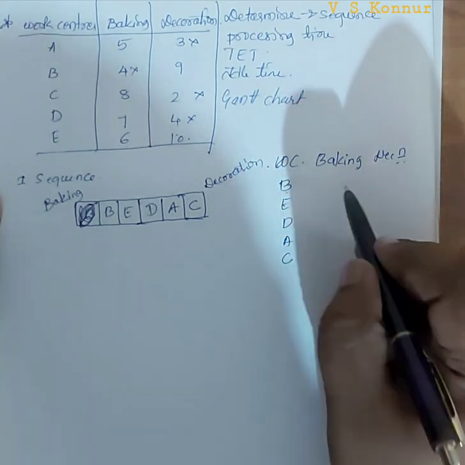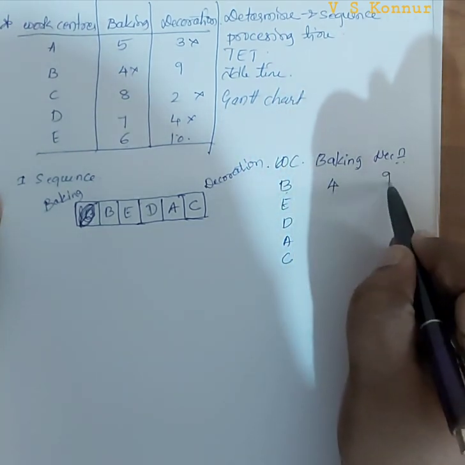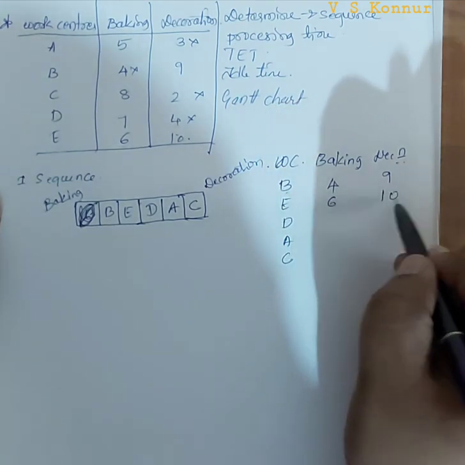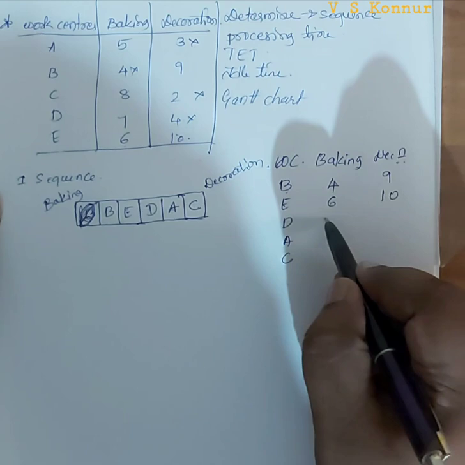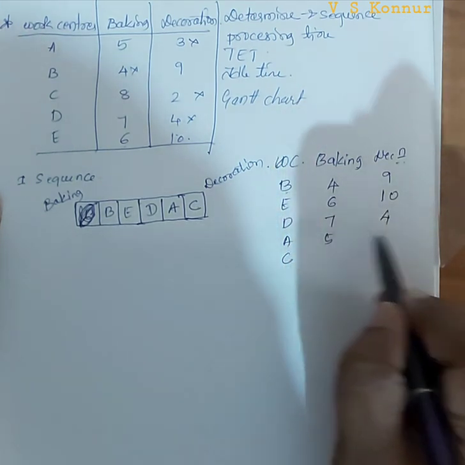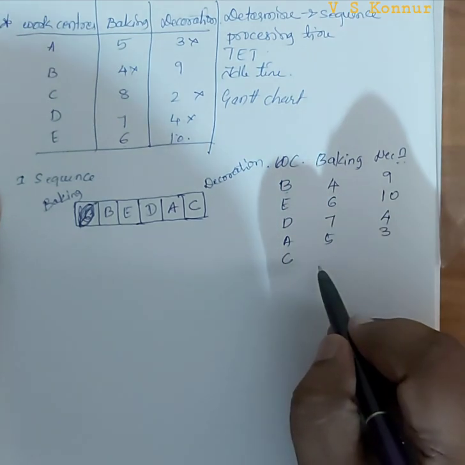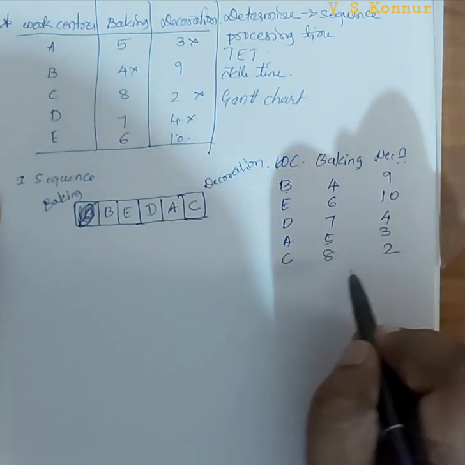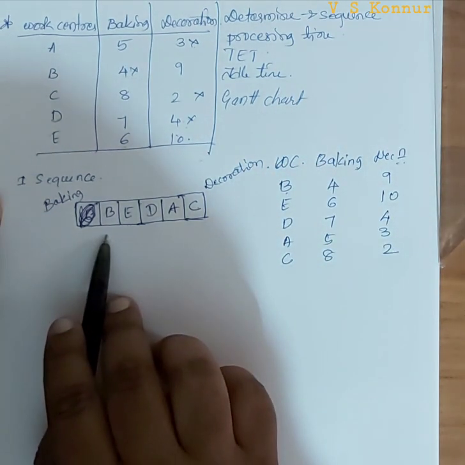For B it is 4 and 9, it is given in the problem. For E 6 and 10. For D 7 and 4. For A 5 and 3. For C 8 and 2. So this is depending upon sequence.